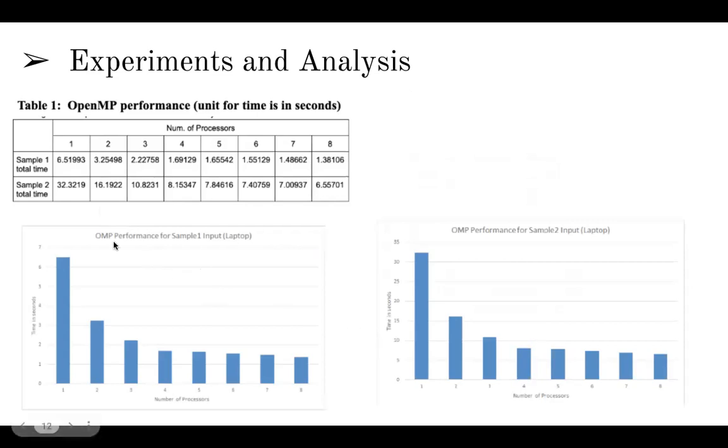The plot here is for sample 1, and this one is for sample 2. We can see from the numbers here, when the number of processors or threads increases from 1 to 2, the total time decreases a lot, almost to half.